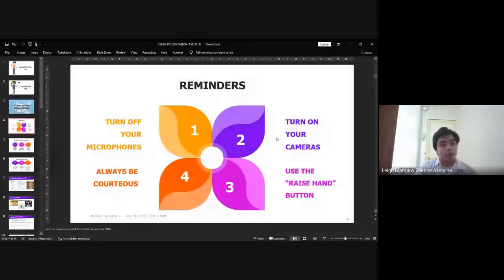Second, always turn on your cameras, to make sure that you are really participating. Third, use the raise hand button if you have a question, an interjection, or want to participate in the class. And last but never the least, the fourth reminder is to always be courteous, not only towards me, but also towards your classmates, Ma'am Sam, and Ma'am Kalamba. Are we clear on that?